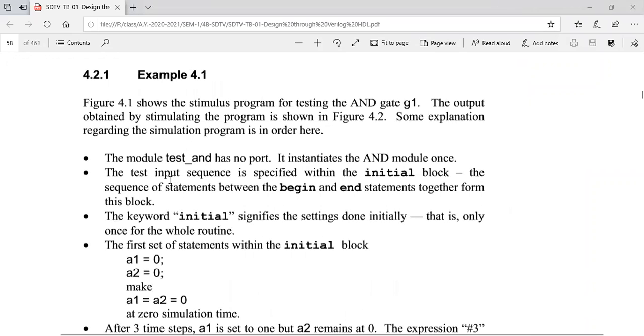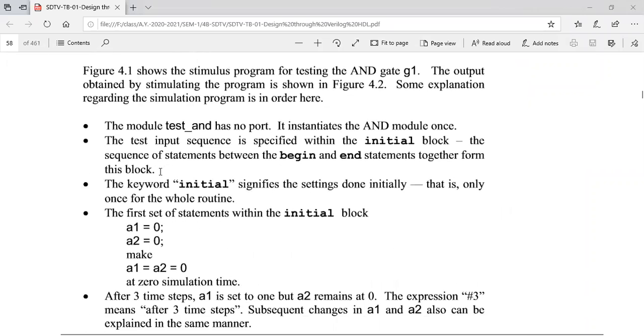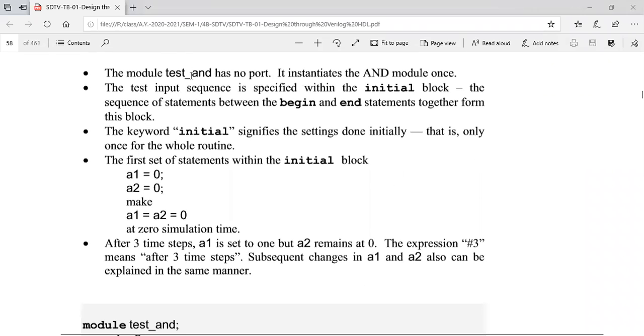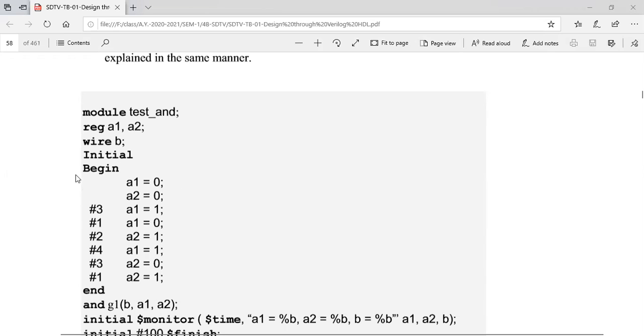Here it's a stimulus program. We are giving it as test_AND, and it doesn't have any ports on the right hand side. It instantiates the AND module once, and the test input sequence is specified with the help of initial.